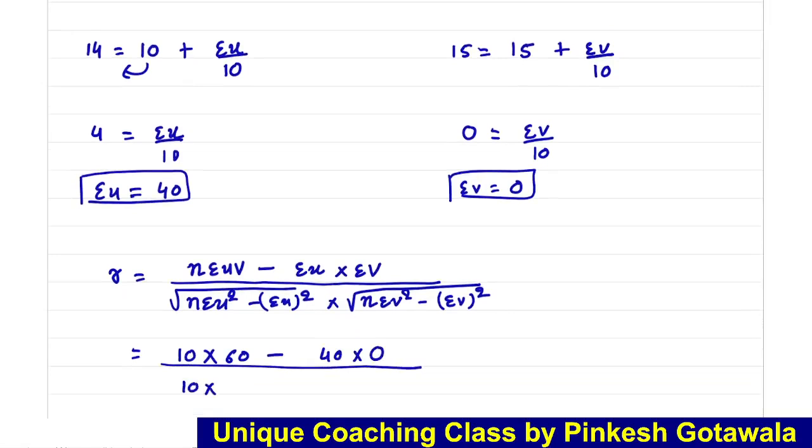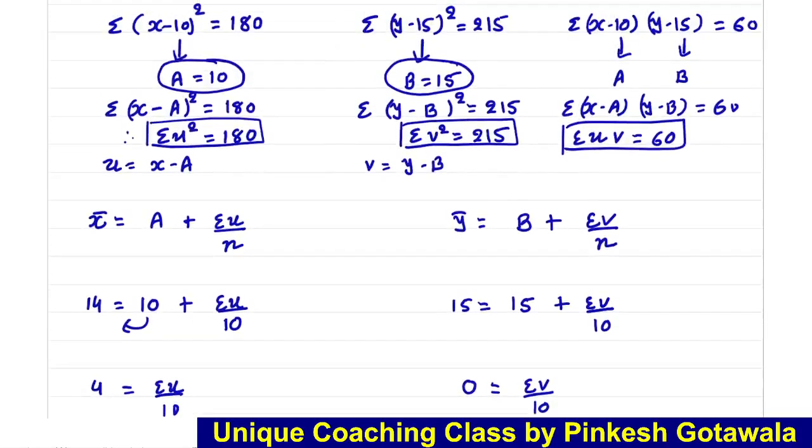And n is 10. Sigma u square 180 and sigma v square 215.